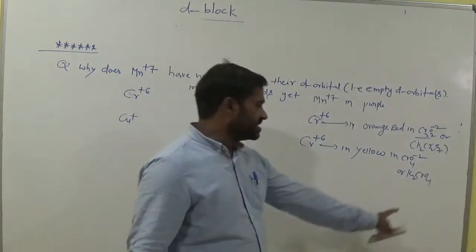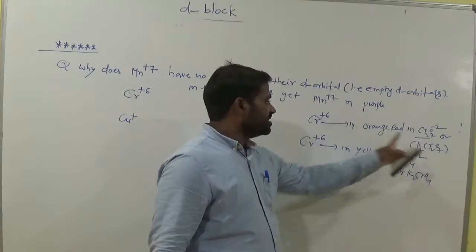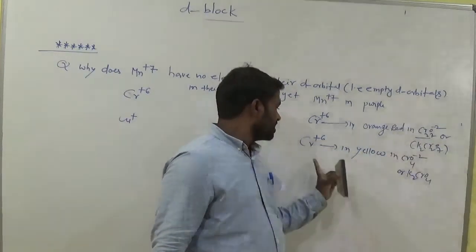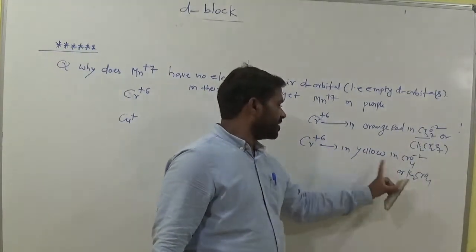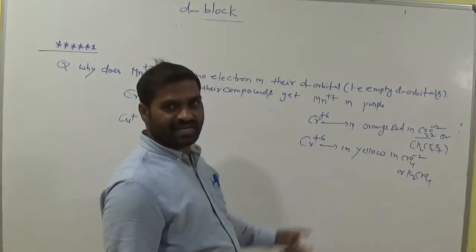So why? Because here it shows plus 6 oxidation. In this compound it is orange red. In this compound it is yellow in color. In both it shows plus 6.